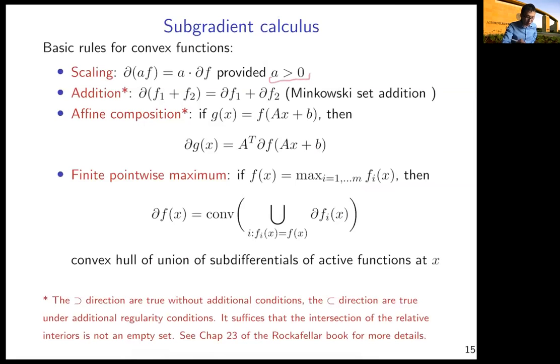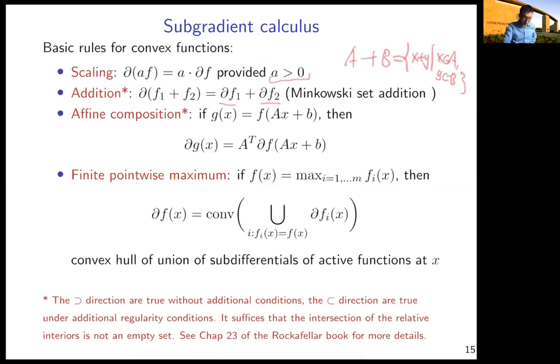Since this is a set and this is also a set, we need to use a set addition called Minkowski addition. So set A plus set B is equal to x plus y subject to x in A and y in B. So this is set addition.